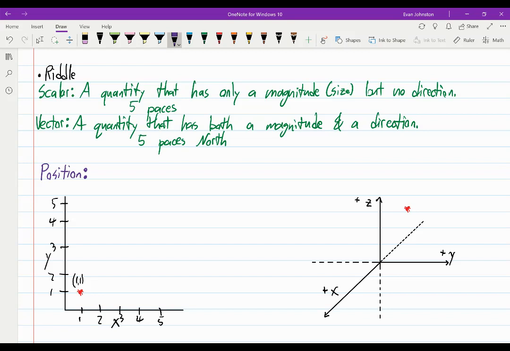So let's look at what the heck position is now. Position is really just a scalar, in all honesty, and it represents just the location of an object.